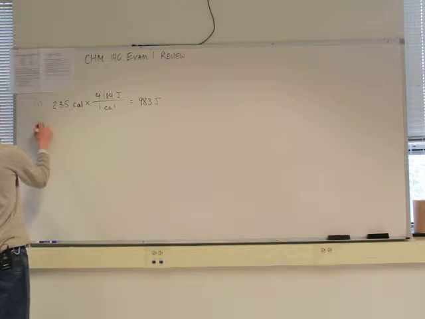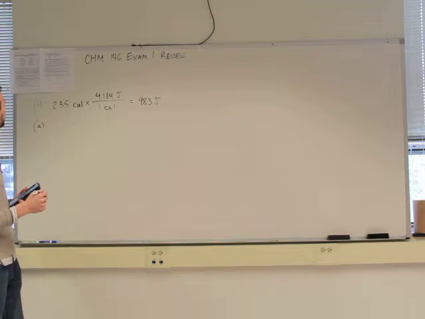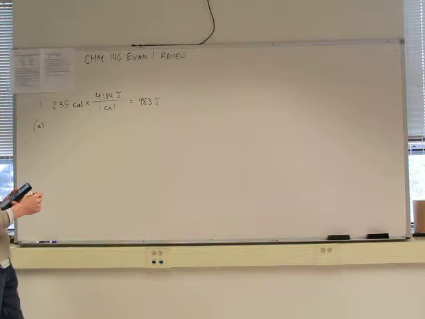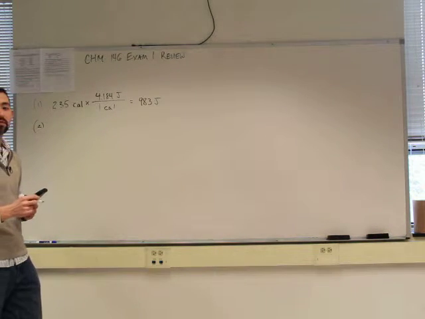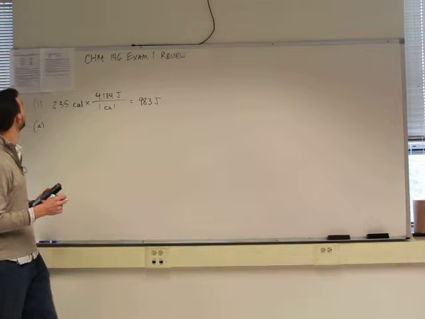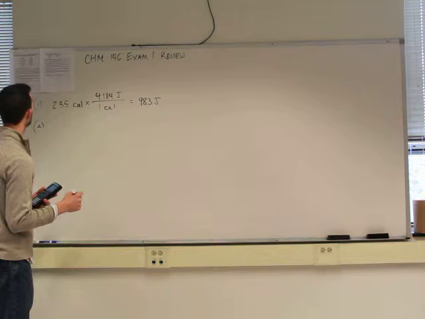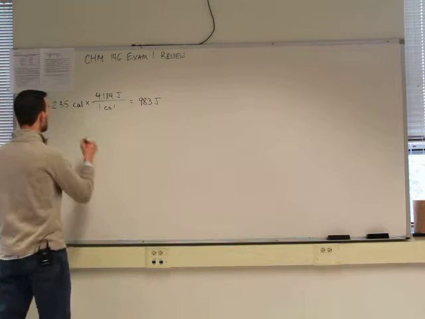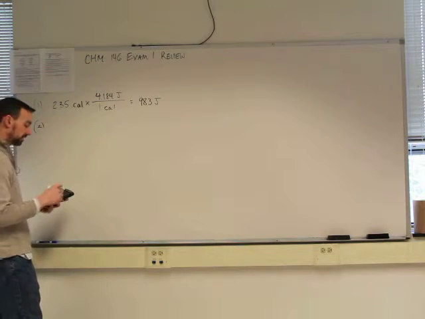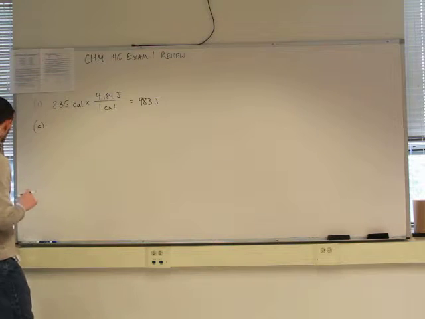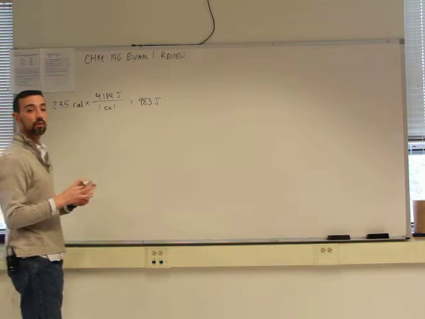Our second question: if 1 mole of ethanol at 22 degrees Celsius absorbs 1.45 kilojoules of heat, what's the final temperature of the ethanol? And we're provided the specific heat capacity. So heat, when it enters or leaves a system, can be quantified with 2 formulas.